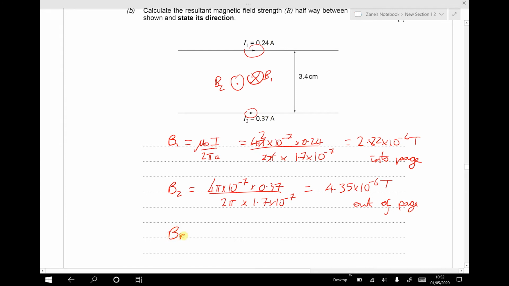So the resultant field, let's call it B res, is going to be 4.35 times 10 to the minus 6 minus 2.82 times 10 to the minus 6, and that will be 1.53 times 10 to the minus 6 Teslas. And seeing as the stronger field was out of the page, the resultant field will also be out of the page.